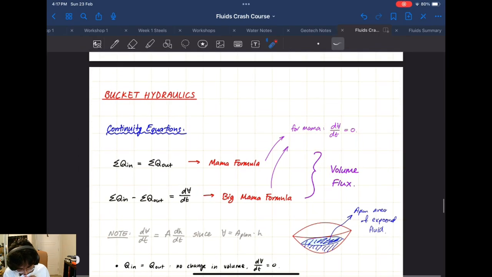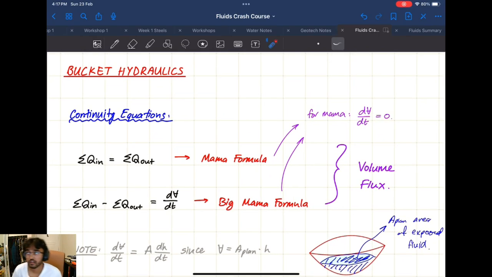So the amount of fluid within the system doesn't actually change. dV on dt is the amount of fluid changing over time, and it does not change when it comes to the Mama formula. And why this topic is called bucket hydraulics is mainly to do with the Big Mama one over here.